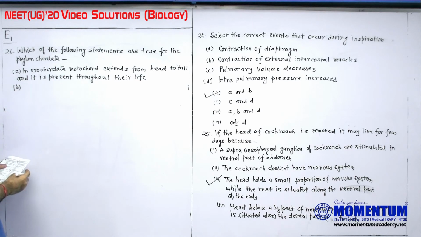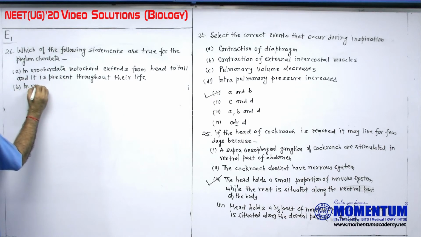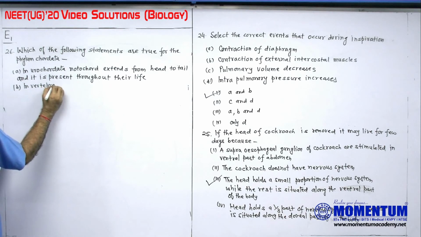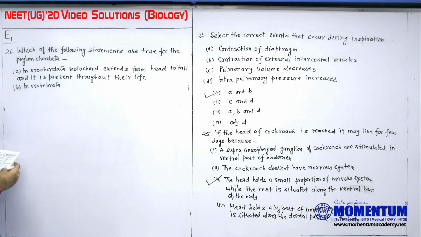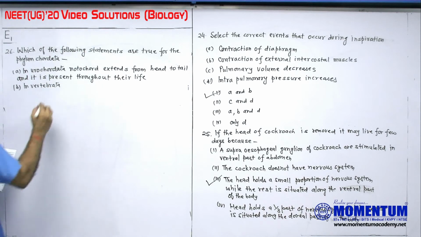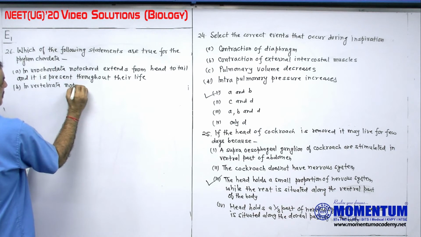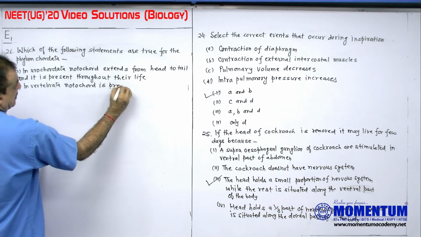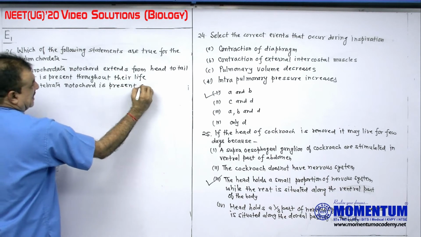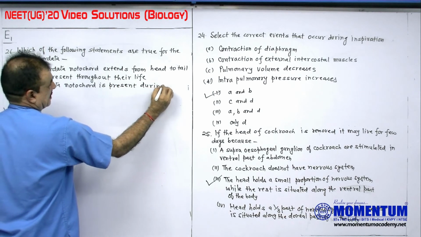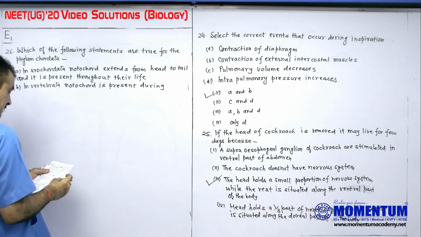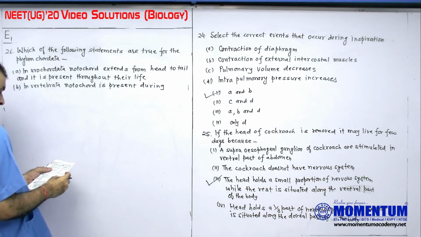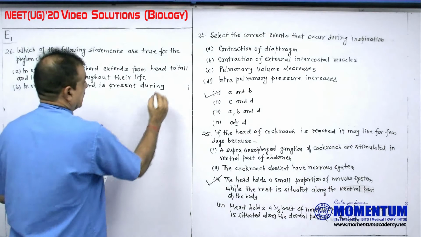Then in Vertebrata, notochord is present during the embryonic period only.